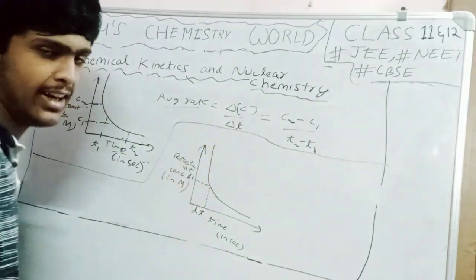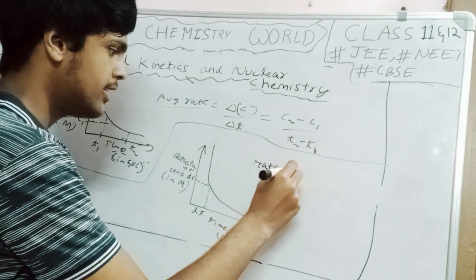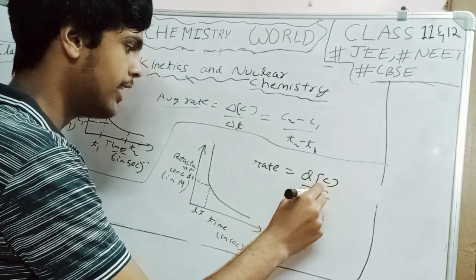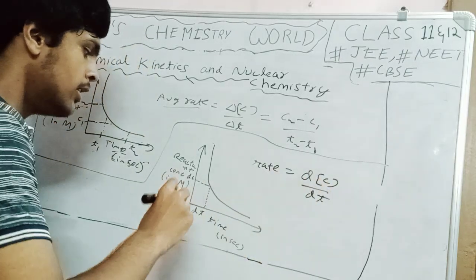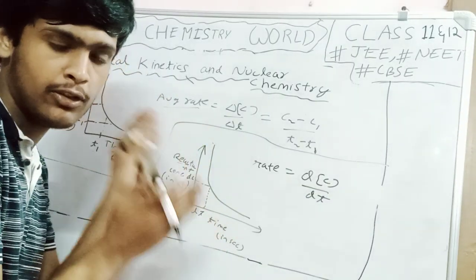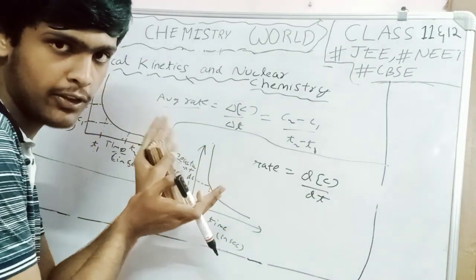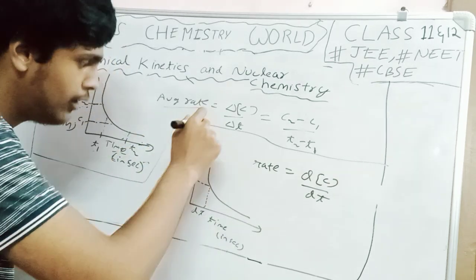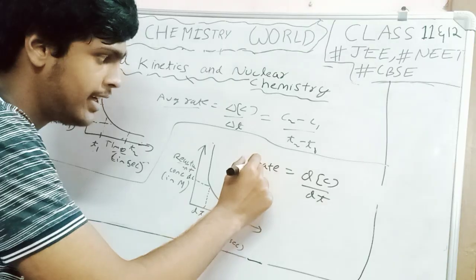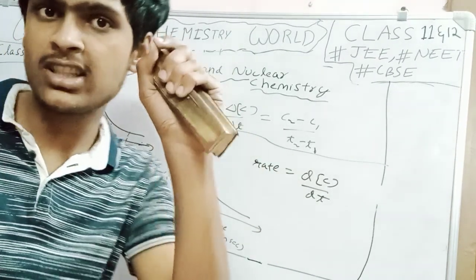So for instantaneous rate, if you write this, the rate is equal to d concentration of C by dt. Okay, d concentration of C by dt. If you see the plot of reactant concentration versus time, it will be exponentially decreasing similarly, but for getting the instantaneous rate, you should always consider one single point, an infinitesimally small point.